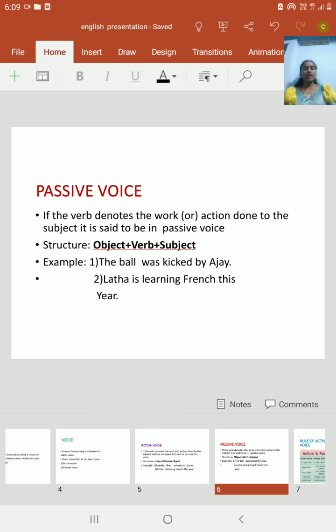Here, the work or action done by the subject is known as active voice, and this one is known as passive voice. Structure: object plus verb plus subject. Example, the ball was kicked by Ajay. Here the object is ball, the verb is was kicked, and the subject is Ajay.